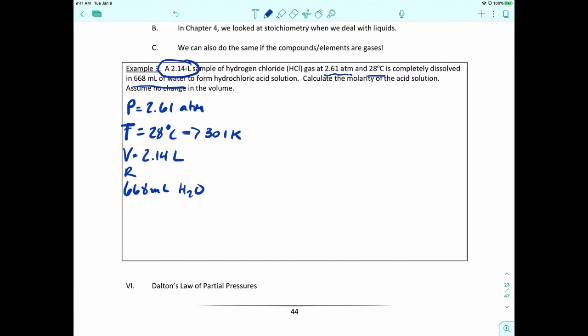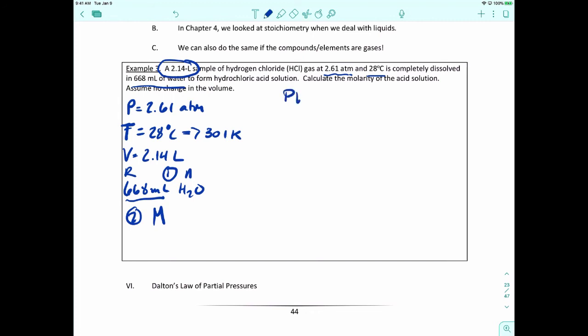Now, once we know the number of moles, and we know the volume of the solution, N divided by the volume is going to give you molarity, and there we go. That's how we're going to get the answer. So the first step, we solve for N. Second step, we solve for molarity. All right, so here we go.